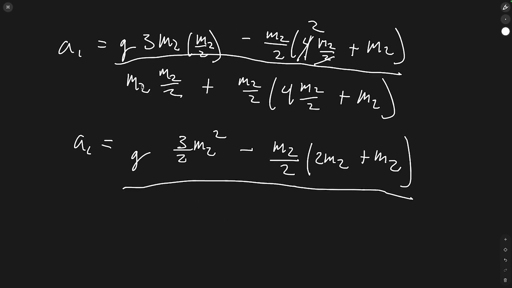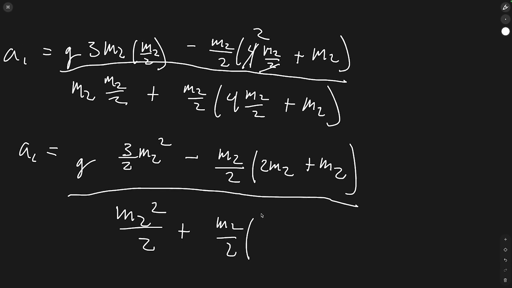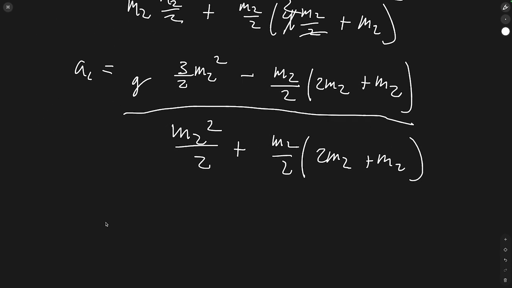This becomes m2 squared over 2 plus, I'll keep this m2 over 2, and this is 2, so 2 m2 plus m2. Let's keep simplifying.